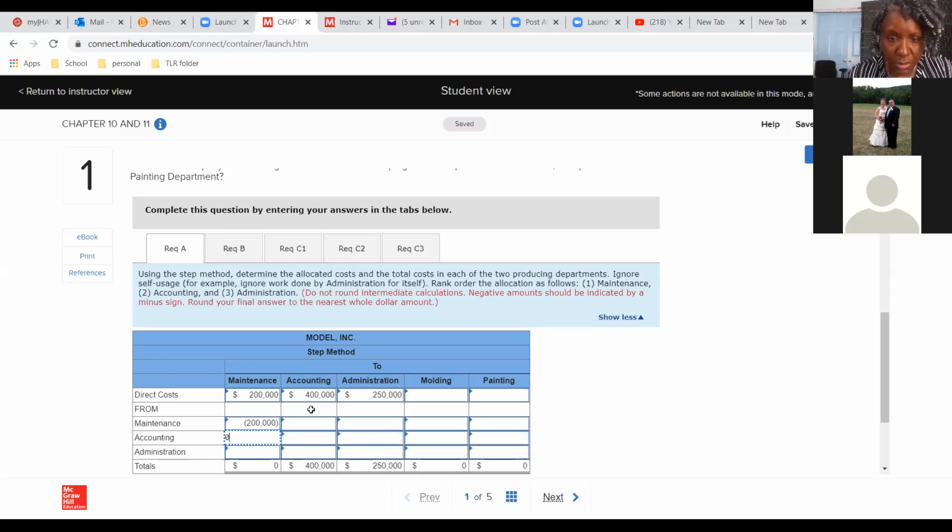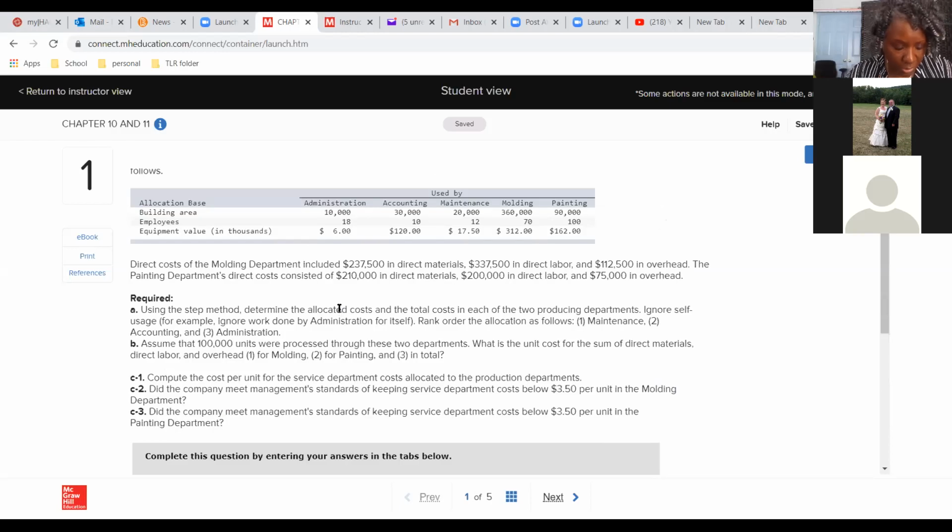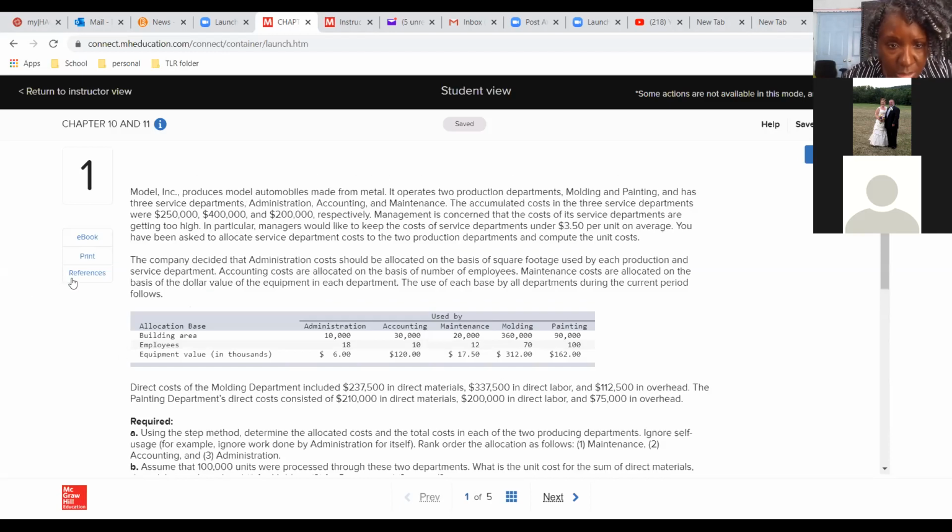So I take $120 and I'm going to divide that by, hold on, I'm seeing something here.